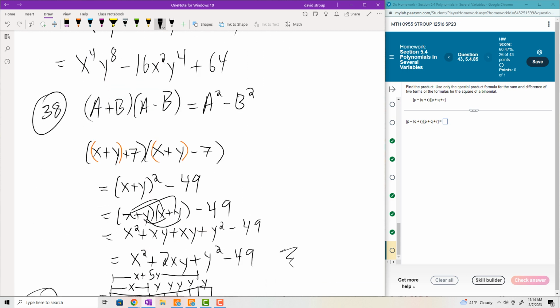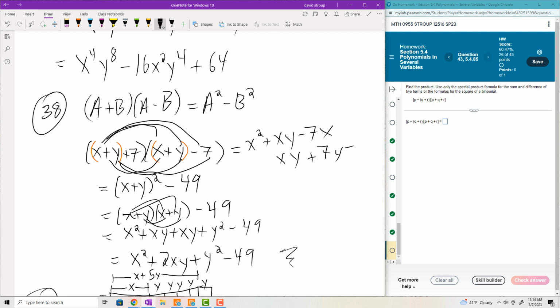And then this one up here, if you didn't do the a squared minus b squared, you have to triple distribute, right? So you get x squared plus xy minus 7x, and then with the y, you would get xy plus 7y, and then minus xy plus y squared minus 7y, and then with the last one, 7x plus 7y minus 49.